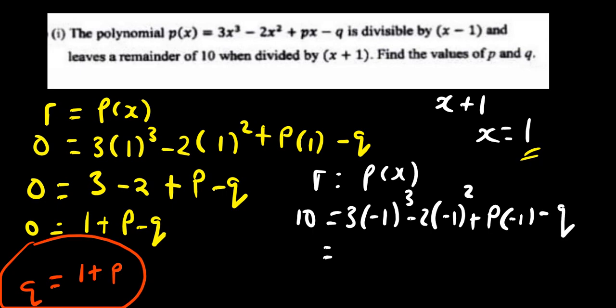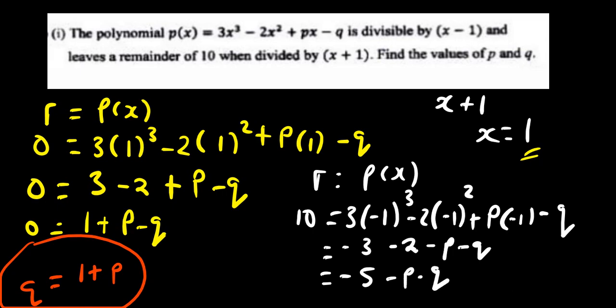Negative 1 to the power 3 is just negative 1, multiplied by 3 that is negative 3. Negative 1 squared is positive 1, and minus multiplied by negative 2 is negative 2. P multiplied by negative 1 is negative p, and minus q. Negative 3 minus 2 is negative 5, and we have negative p, negative q.